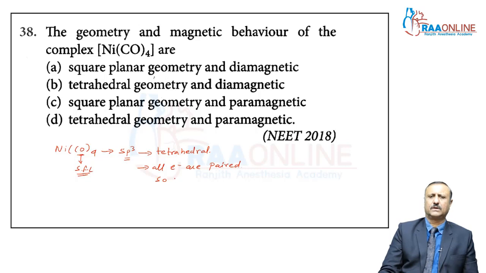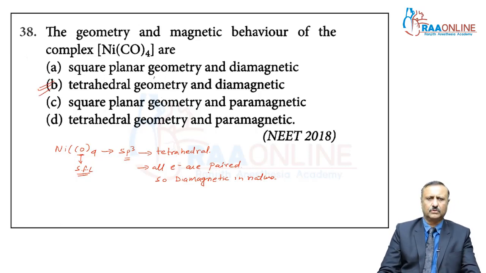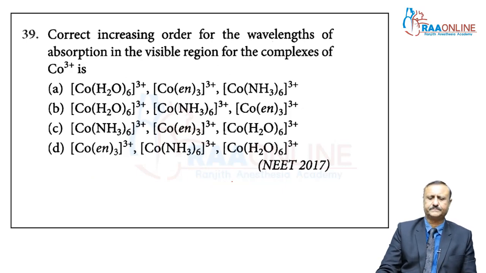So NiCl4 is diamagnetic in nature. So this is the answer. Answer is B, 38 answer is B. Now my dear students, we can go to question number 39.